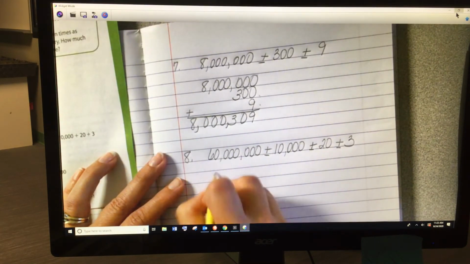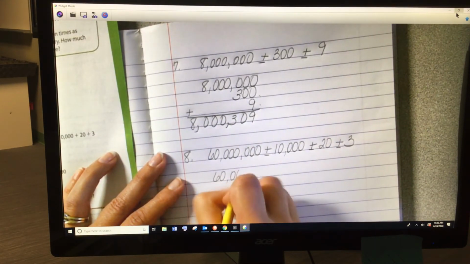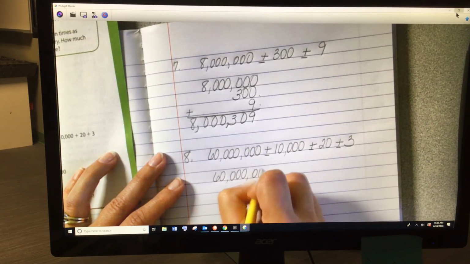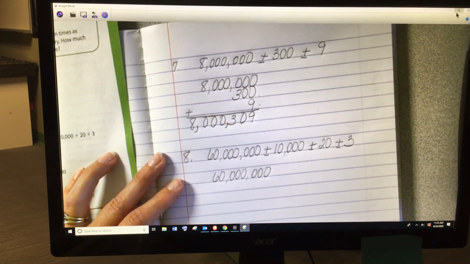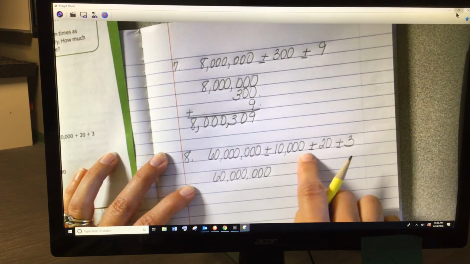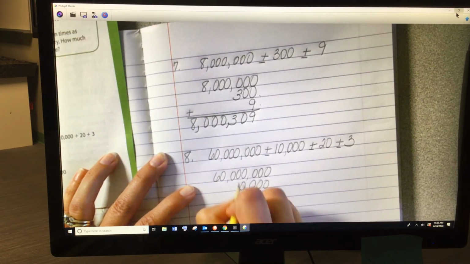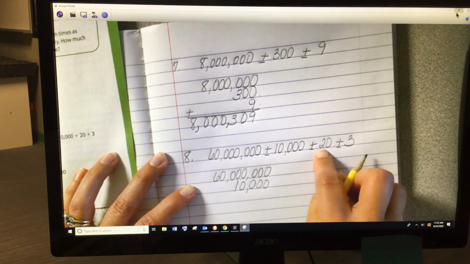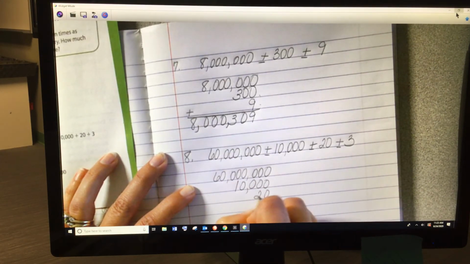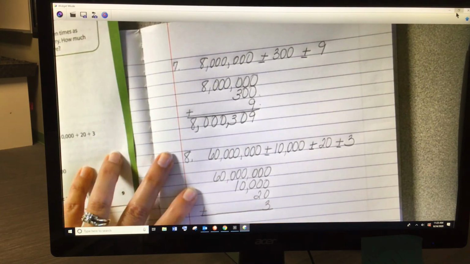So write our biggest number, our first number, it's the longest, on top. Now lining up our place value. So we look at 10,000. It has 3 zeros at the end, comma, and then a 0 and a 1. 20, a 0 and a 2. 3 just has a 3, so make sure everything's lined up as it should be.